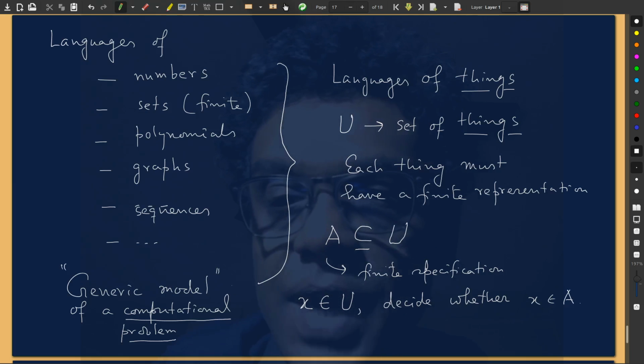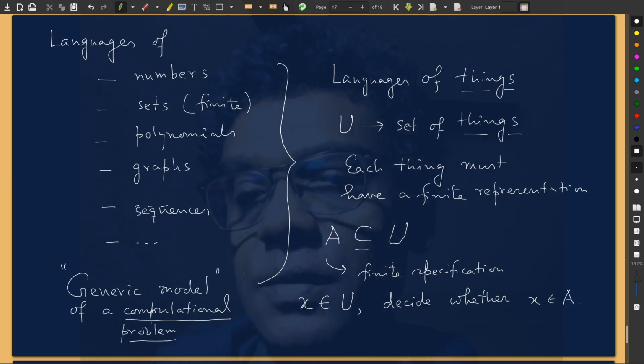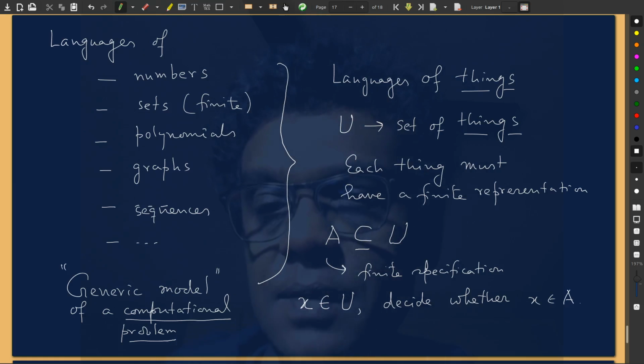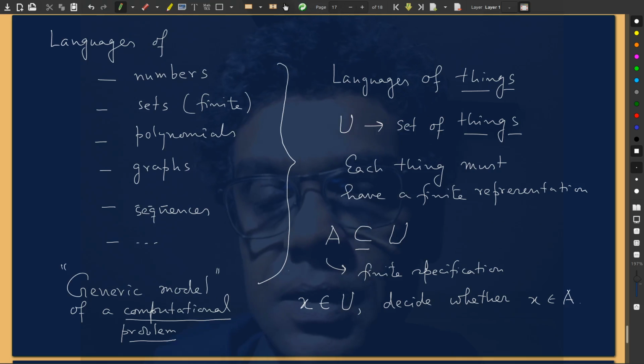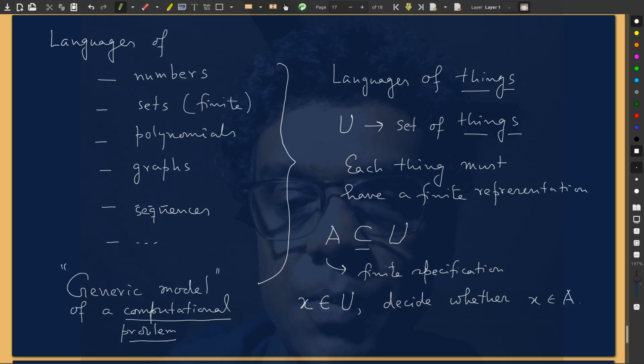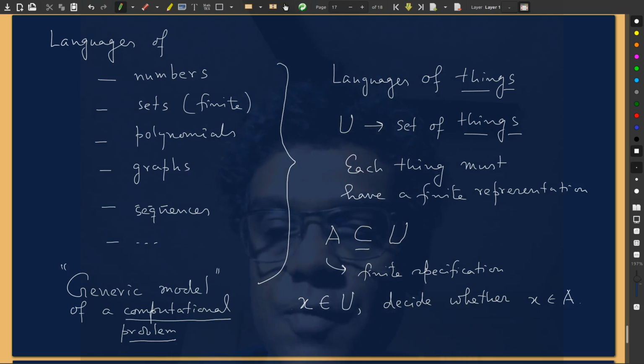We will define languages of strings, and under some implicit encoding scheme in our head, we can represent everything like this: languages of numbers, graphs, polynomials, and so on. Even languages of Turing machines.